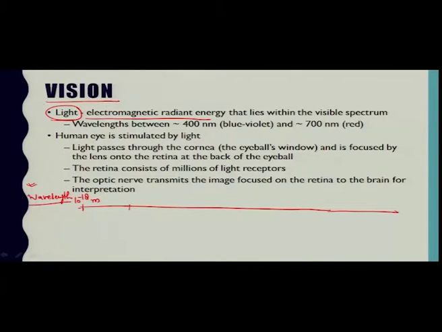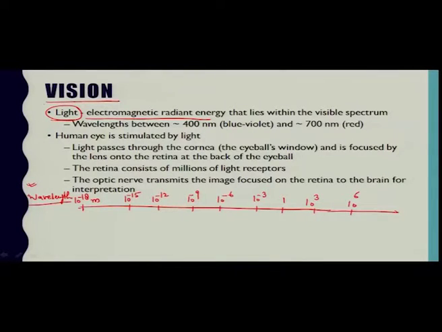So let us say 10 to the power minus 18, 10 to the power minus 15, 10 to the power minus 12, 10 to the power minus 9, minus 6, 10 to the power minus 3, 1, 10 to the power 3, 10 to the power 6. What I am doing here is giving an overview of the electromagnetic spectrum, through which we can have an idea of the available radiations and the portion of the radiation that is visible to our naked eye.